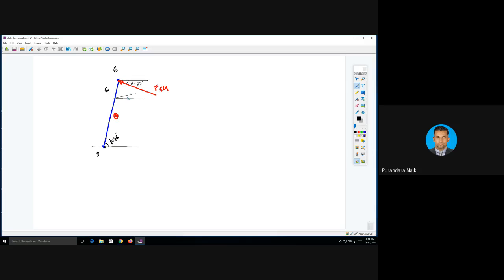Theta is 17. And extend it in the other direction. This is the force F34.